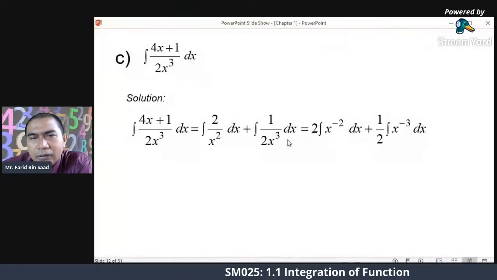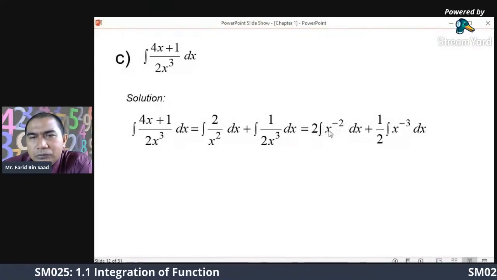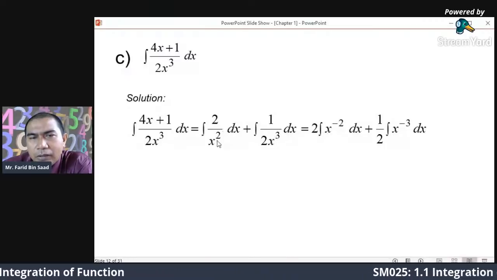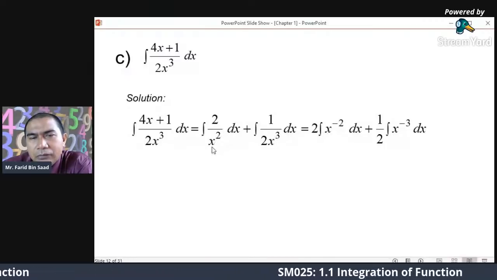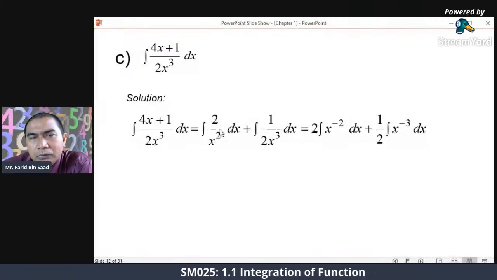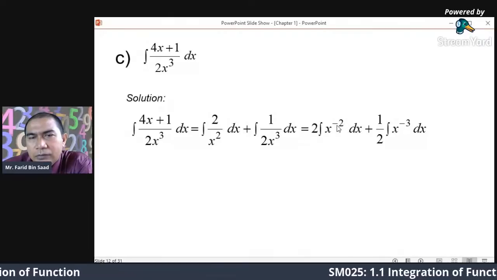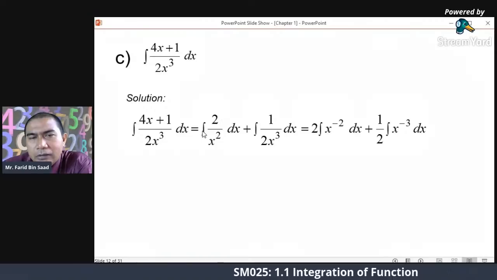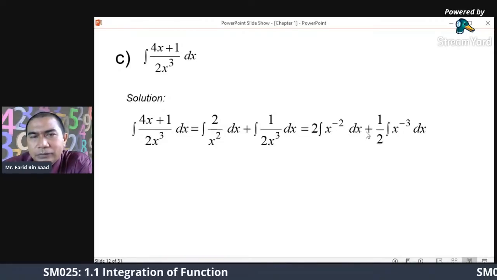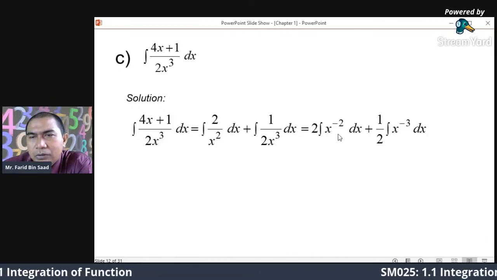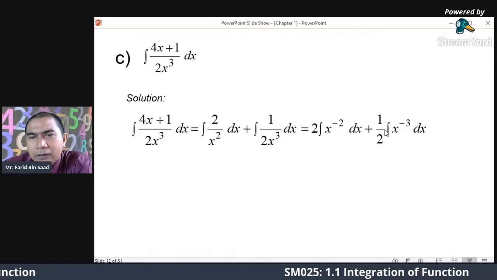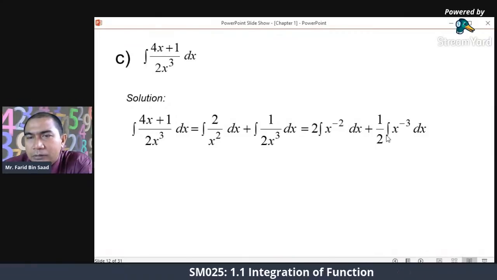So this one we can use basic rule number 2, for 2 over x squared. That means we have to bring x squared to become a numerator, so the power becomes -2, and then 2 we can put outside. So 2 integrate x power of -2 dx plus another one, 1 over 2 also we can put outside of the integral form.